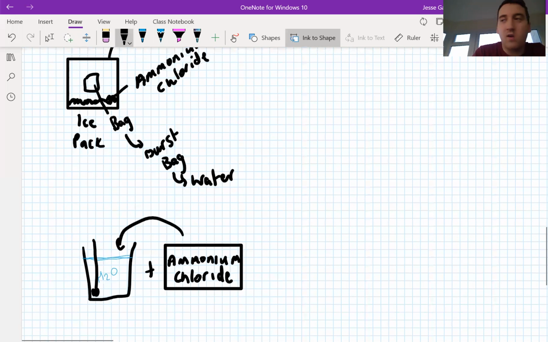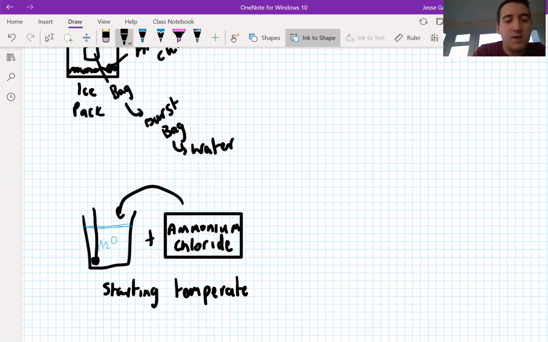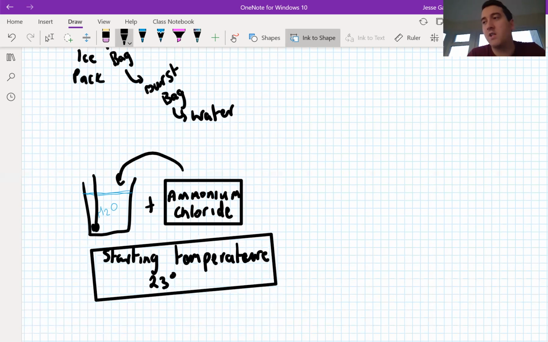Our thermometer is going to measure the temperature for us. This is the starting temperature, and we're going to imagine that the starting temperature is 23 degrees.